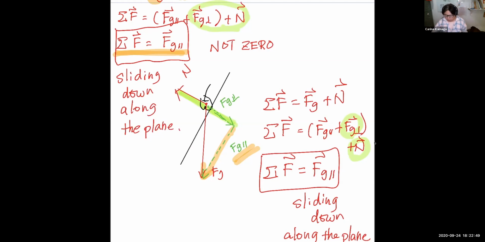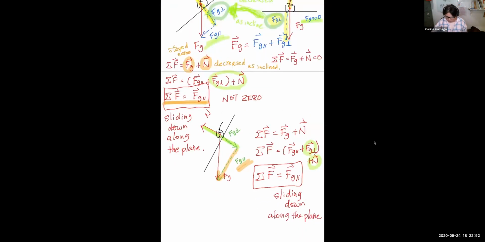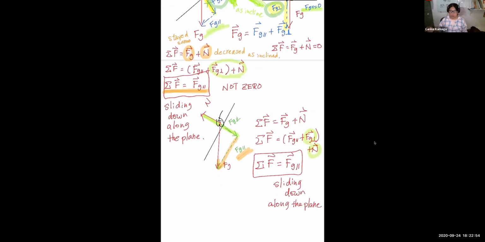Right? But what happens when I increase the angle even steeper, as you saw on that demo?